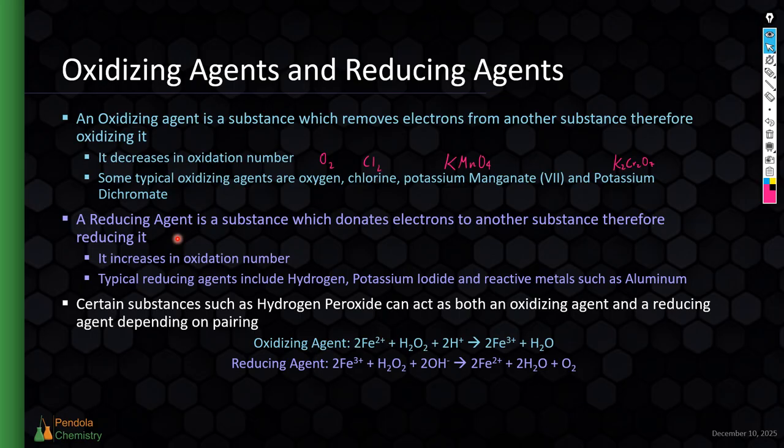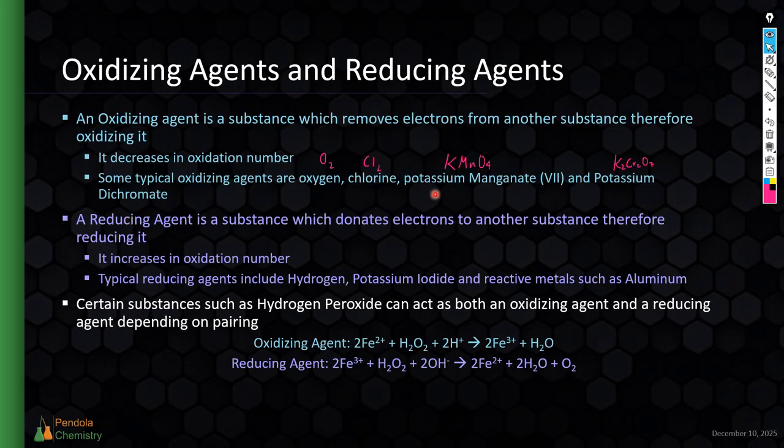Again, a very important idea here is that the word agent means that whatever process we're talking about, the agent gets the opposite process. So if something's a reducing agent, that something gets oxidized while it's reducing something else.